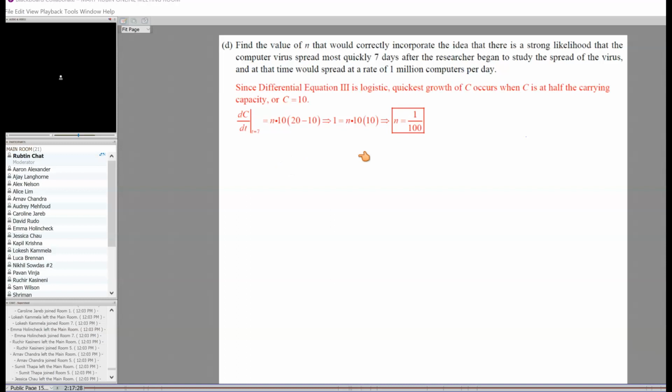And then you're going to get n equals 1 over 100 when you solve this. So you put this back on the other side. This is equal to 1. And that comes from up here. So 1 million computers per day, that's the rate. You're going to get 10 times 10, divide that, and you're going to get your n value.